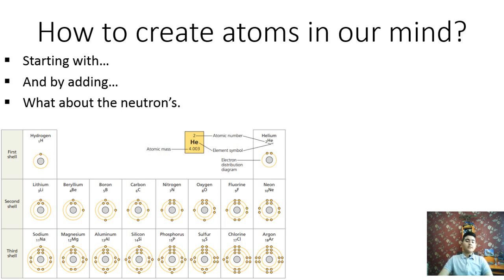So in an atom that has more electrons than 2, it has to give the other electrons to the next shell, the second shell, because as I said, the first shell only has the capacity of 2 electrons, but the second shell has the capacity of 8 electrons.